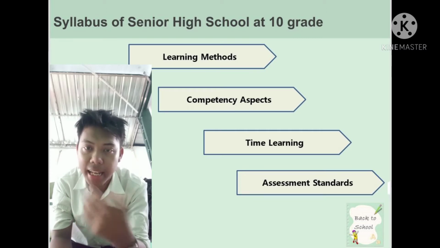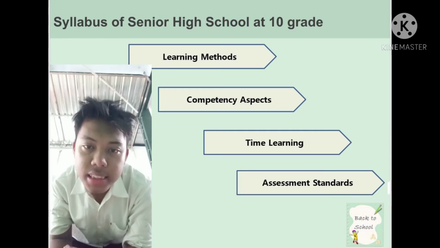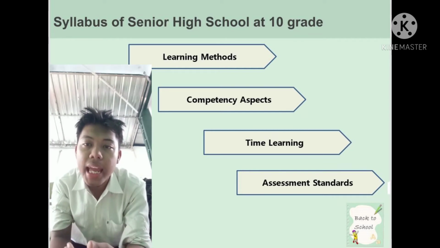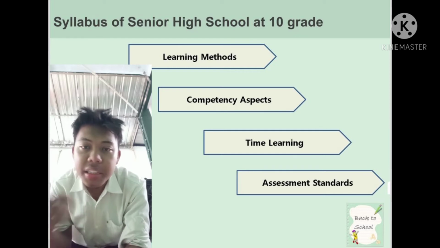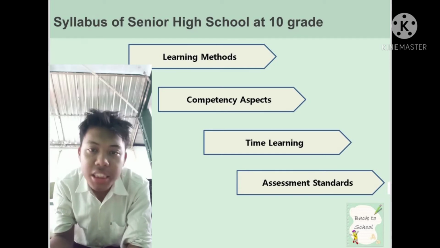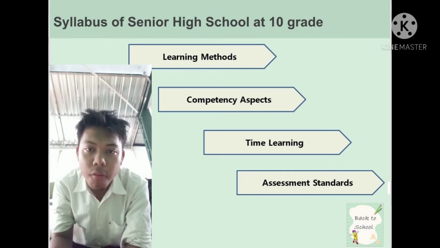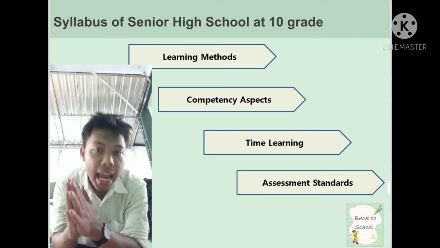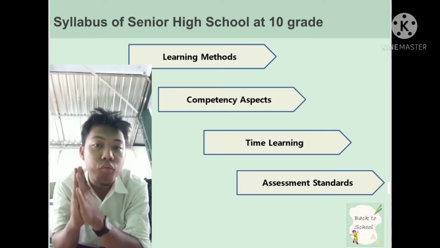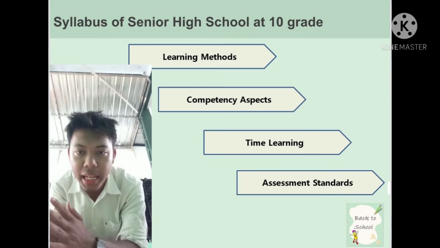And then writing. Of course, in English we have to be good in writing. For example, when the teachers ask the students to write a paragraph about daily activity, the students must have the capability to write about something.